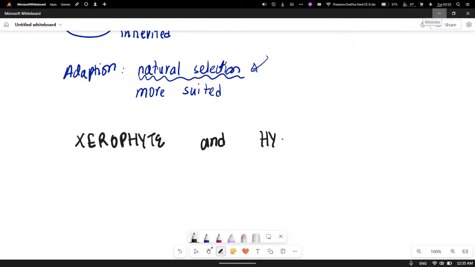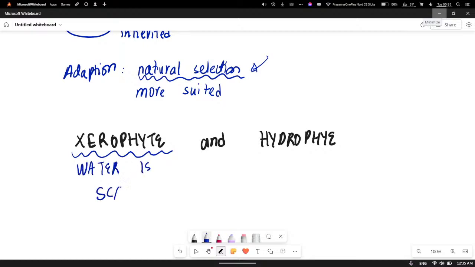Now, xerophytes are basically plants that have adaptive features that help them to survive in an environment where water is scarce. And hydrophytes are plants that have adaptive features that help them to survive in an environment where there's a lot of water.